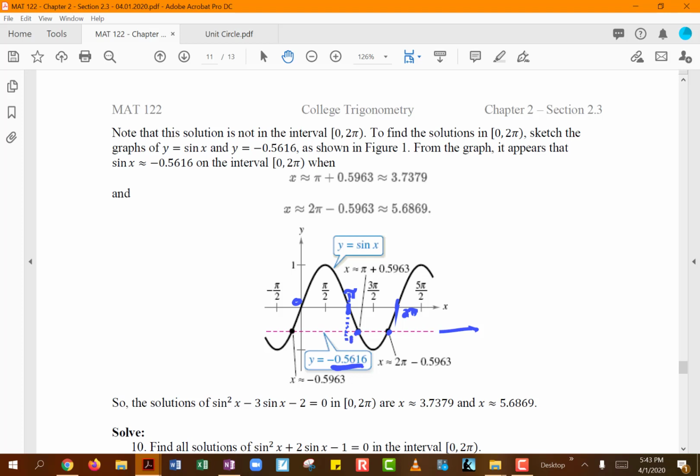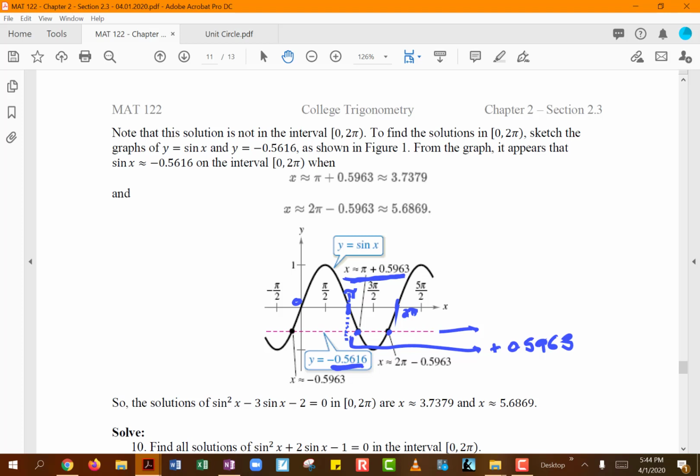That little distance that you have here from the vertical line I'm drawing from pi to this point is actually that plus 0.5963. So that's why you have x equals pi plus 0.5963 for this point here, because that's talking about that little distance between pi and when you cross the pink line.